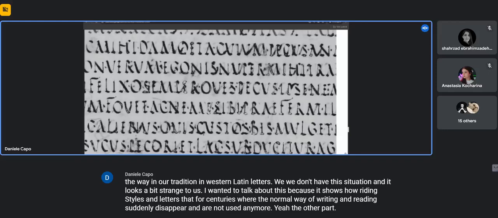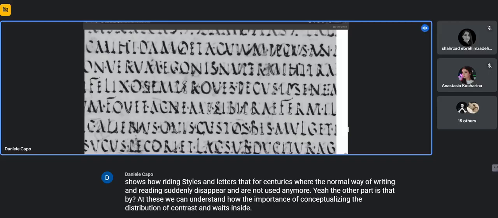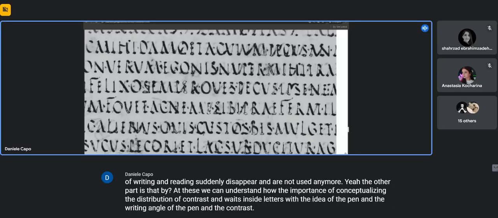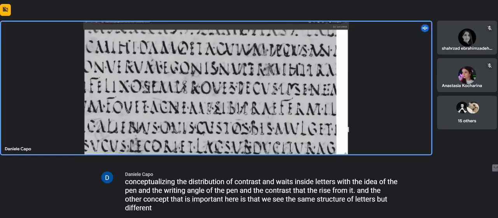The other part is that by looking at this, we can understand the importance of conceptualizing the distribution of contrast and weights inside letters with the idea of the pen and the writing angle of the pen and the contrast that derives from it. And the other concept that is important here is that we see the same structure of letters, but different proportions in terms of horizontal compression.